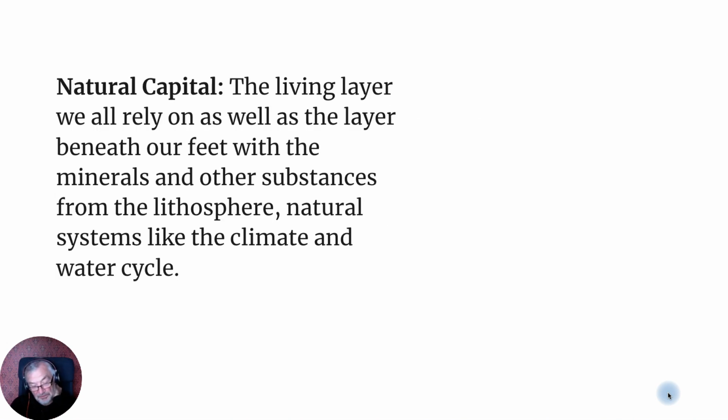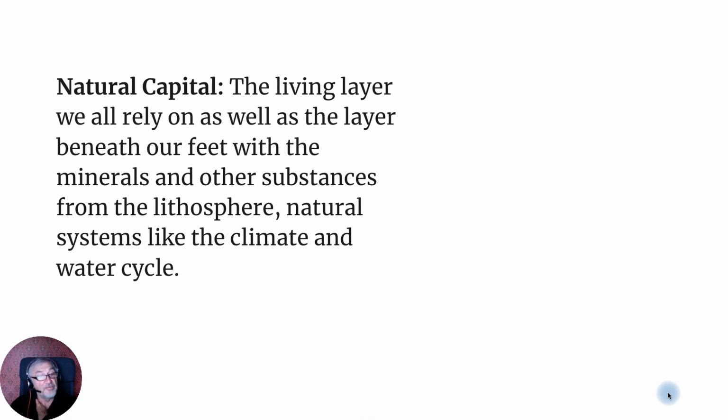Now, there are four kinds of real capital, and it's important, I think, for us to identify all of them. Natural capital is the living layer we all rely on. We could also include the layer underneath the living layer, which we could call the lithosphere. From the lithosphere, we get minerals and metals and other substances. And we also can add what's above the living layer, the underside of it.